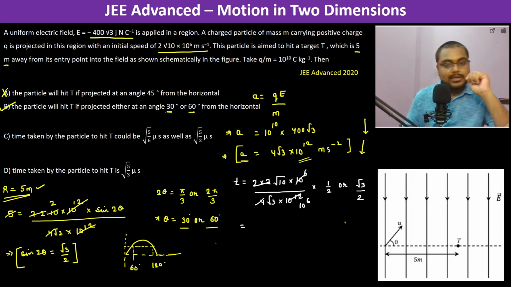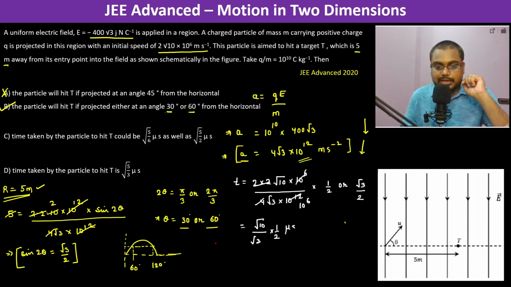Okay, so it is either root 10 by root 3 into 1/2 mu seconds, or it is root 10 by root 3 into root 3 by 2 mu seconds.